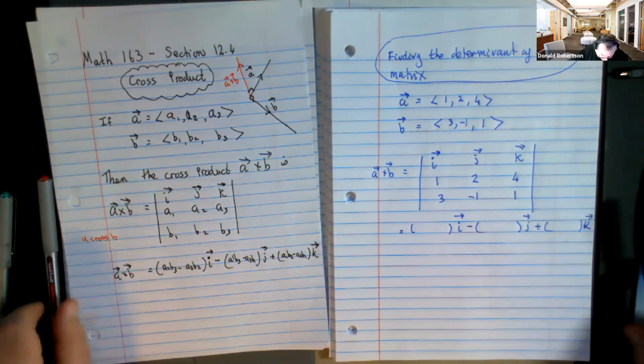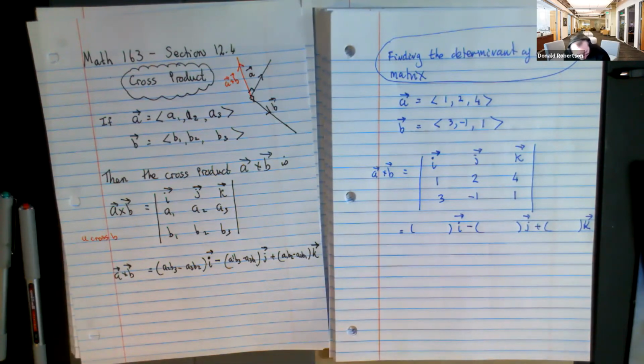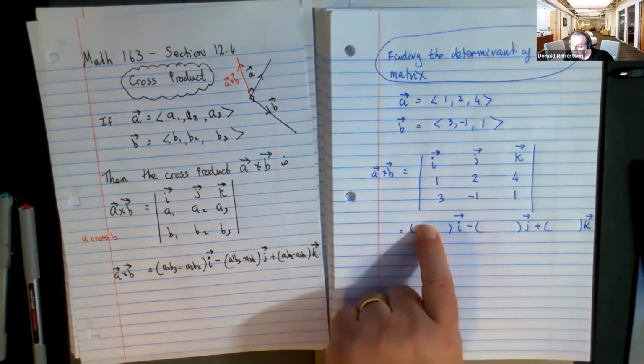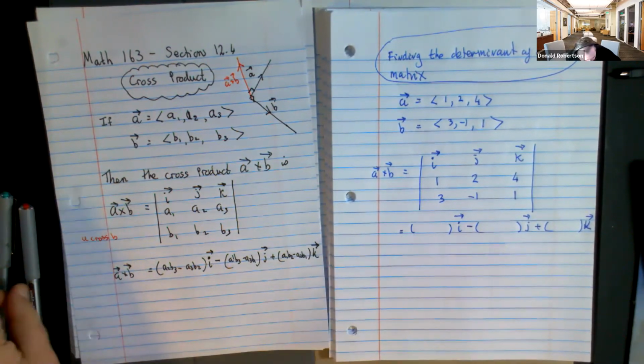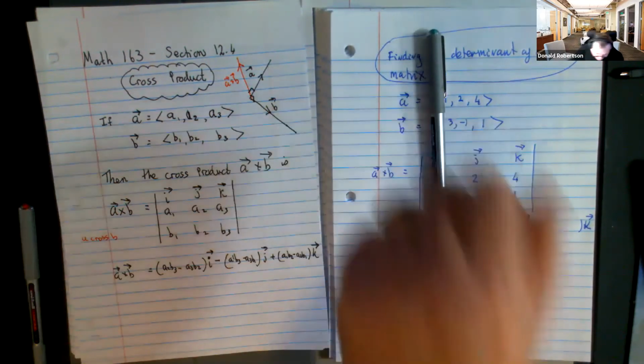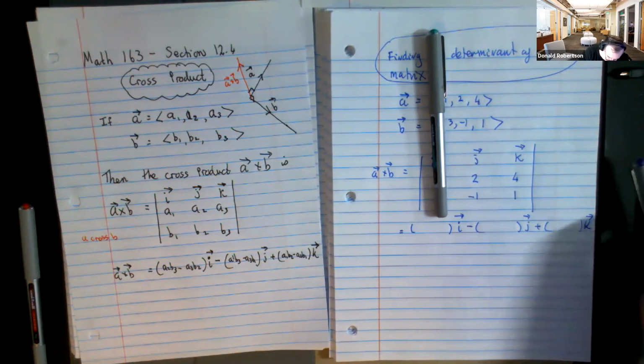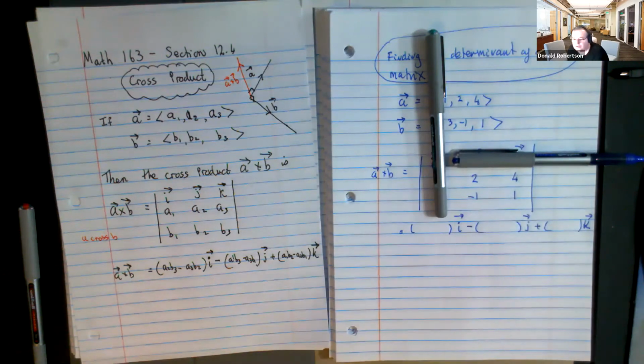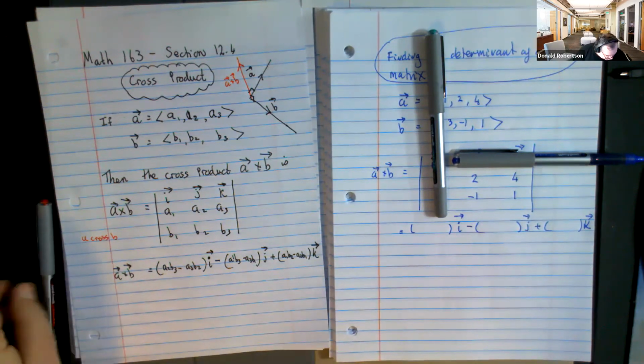I'm going to use this. It's a little trick, but it works really well. I want to know the number that goes here, right? The I component. You cover up the I component. In fact, you can cover that up as well. Do you see a little 2 by 2 matrix now? And you find the determinant of that 2 by 2 matrix.